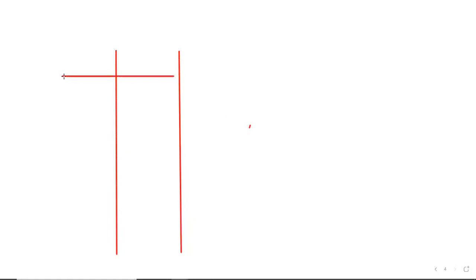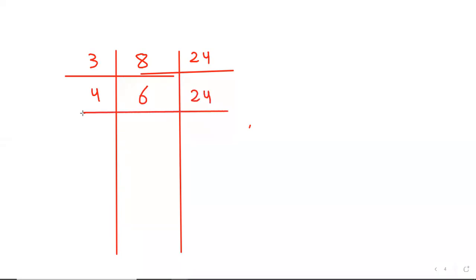And if I asked you to search for two numbers that, when multiplied, give 24, we can multiply 3 times 8 equals 24, and 4 times 6 equals 24, and 2 times 12 equals 24.